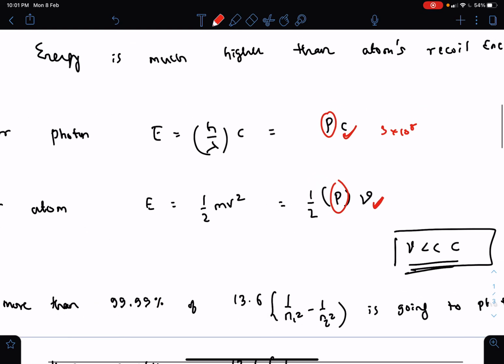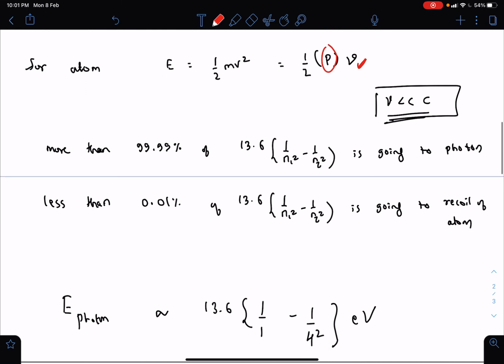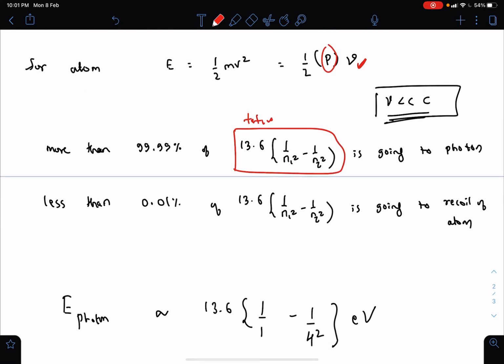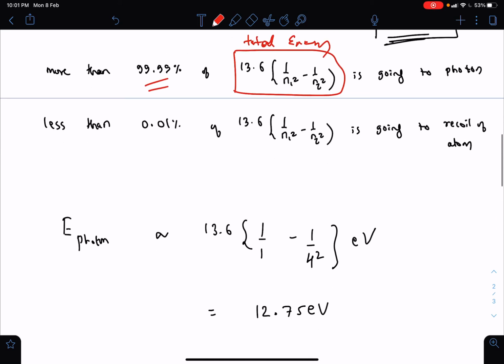Since v is much less than c, the total energy lost by the electron, which is gained by the backward moving atom as kinetic energy and by the forward moving photon as energy, gets divided into these two. However, more than 99% goes into the photon.